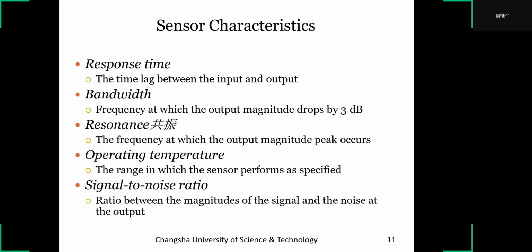Sensor characteristics. Response time is the time lag between input and output. Bandwidth is the frequency at which the output magnitude drops by 3 dB.